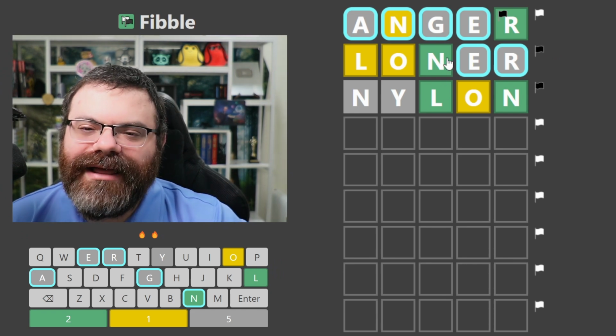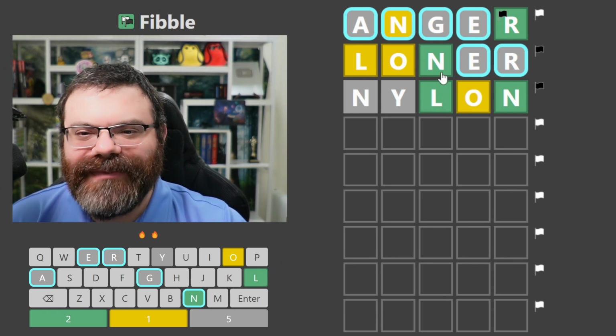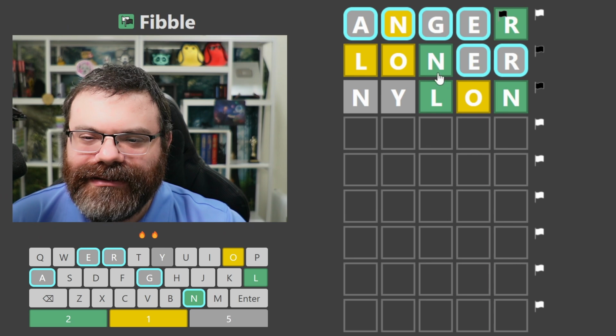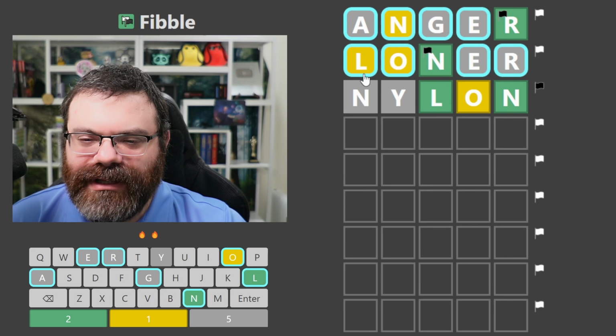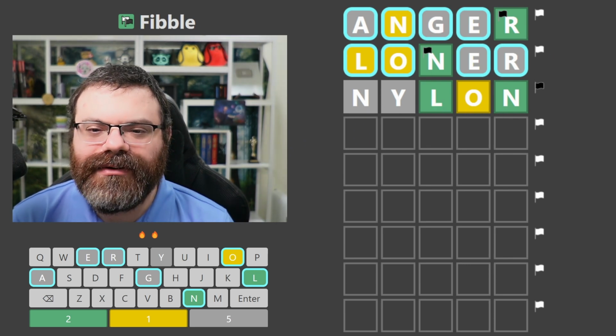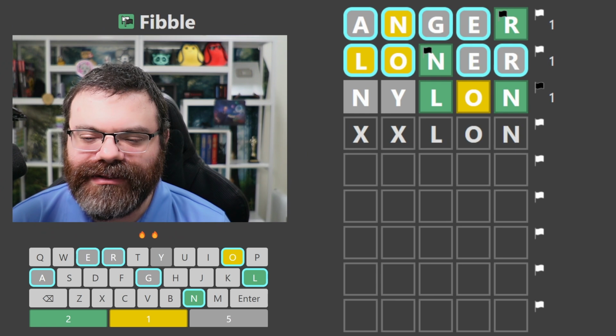Okay, one of either this N or this L is lying because they can't share that slot. So maybe this N was lying. We found where the L goes. Maybe the O is lying. Maybe we're LON and we just need something else.